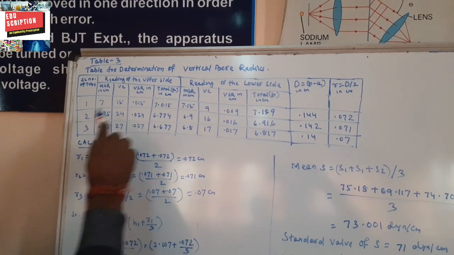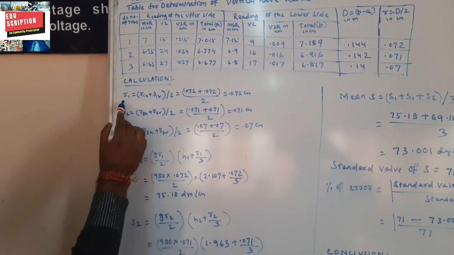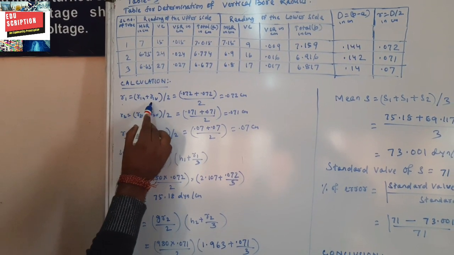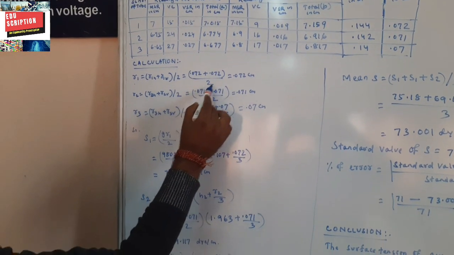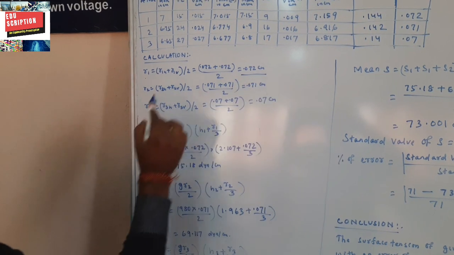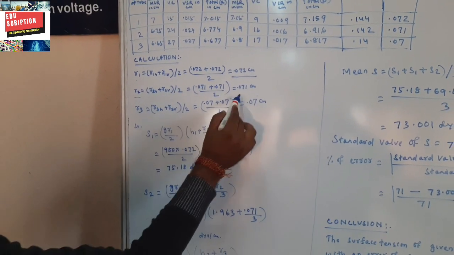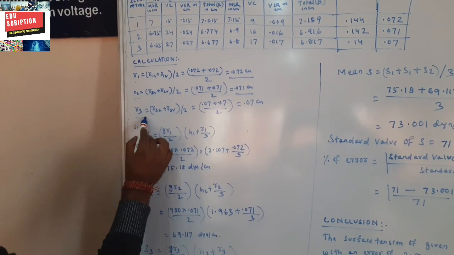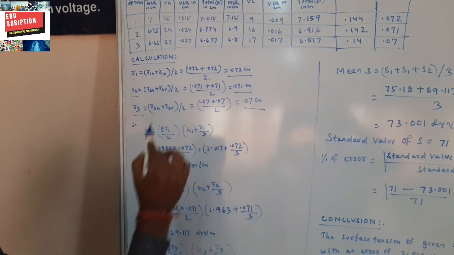By taking observations, these are the data. In the calculation, part 1, R1 is (R1H plus R1B) by 2, that is (0.072 plus 0.072) by 2, and this is R1. Similarly, R2 is (R2H plus R2B) by 2, and this is R2. R3 is (R3H plus R3B) by 2, and this is R3.